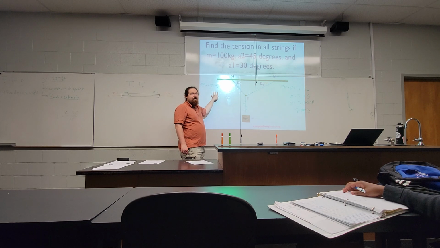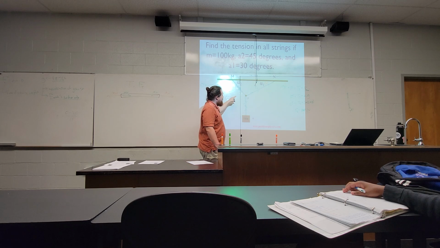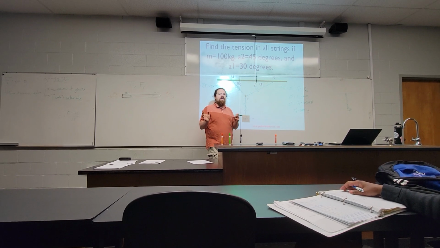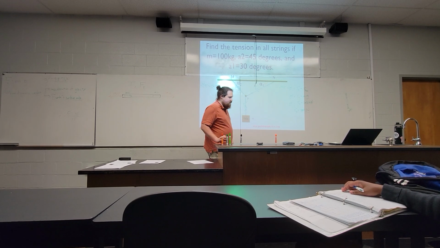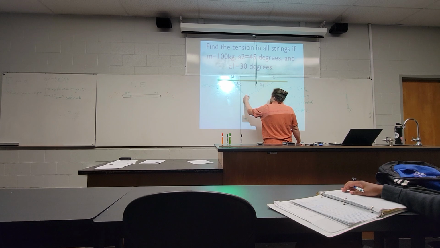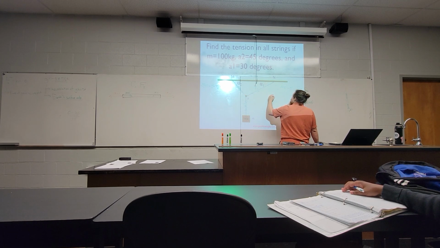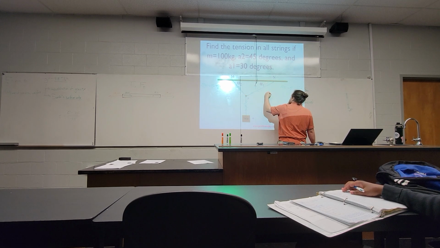Tragically, we could not. The reason for that being, all 3 of these ropes are in different axes. So they would not all just add up normally. We would have to add up only the X's and only the Y's. And that means it's tray time.